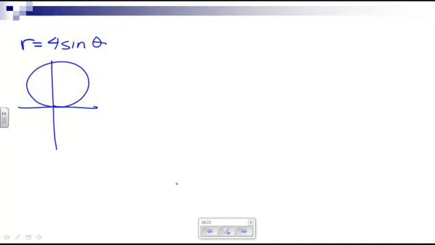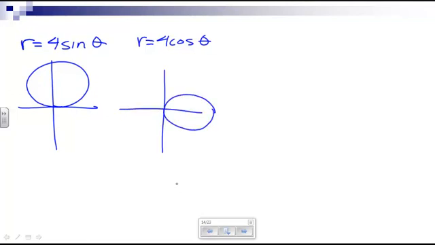It has a companion curve, which is 4 cosine theta, which is also really nice to memorize. It looks like that.